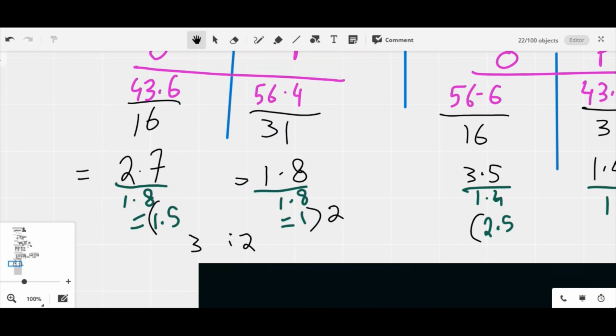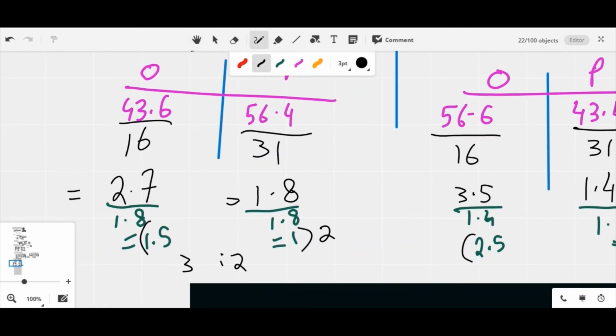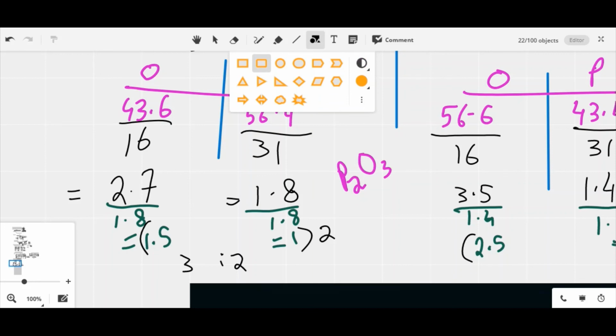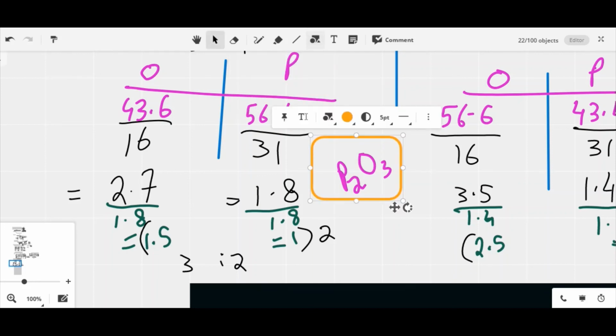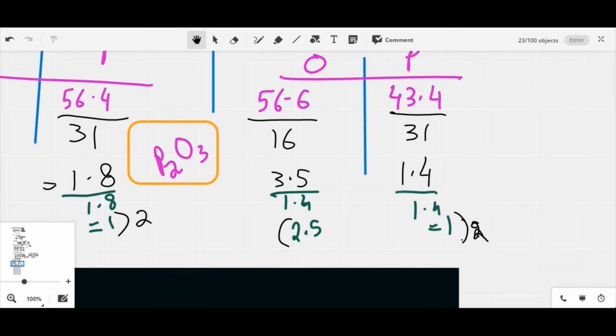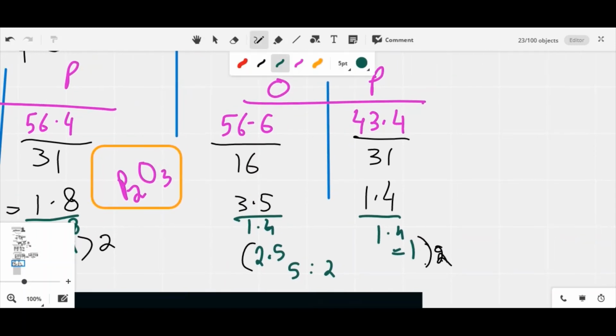So the first oxide is P2O3. In the next case, 2.5 times 2 equals 5, and 1 times 2 equals 2. So the empirical formula of that oxide is P2O5.